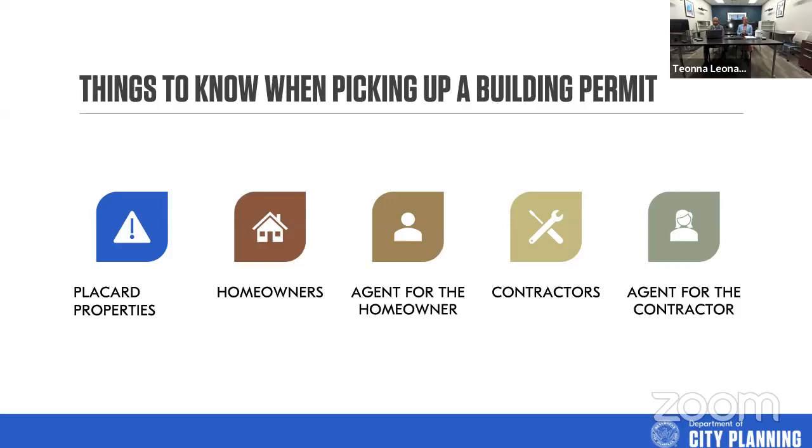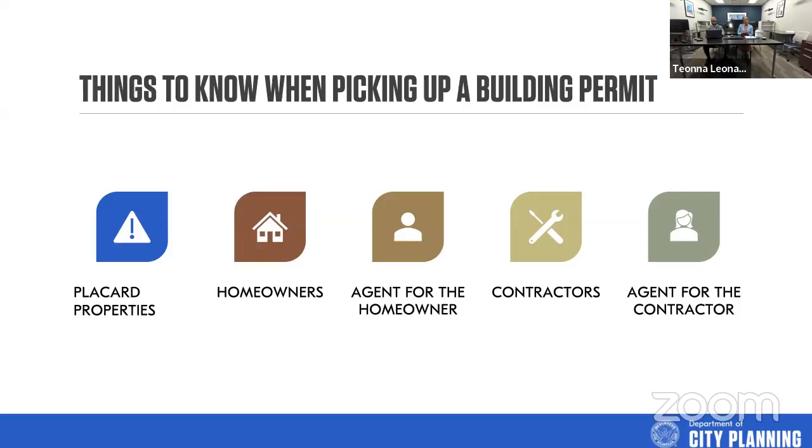Homeowners. As a homeowner, you can pull a permit yourself. You do not have to hire a contractor, but there are some distinct rules that apply. The first is it has to be your primary residence. You cannot pull a permit as a homeowner to renovate a property that you intend to sell or rent or any of that.